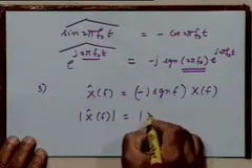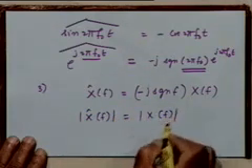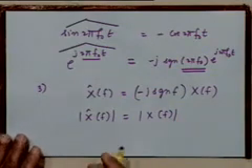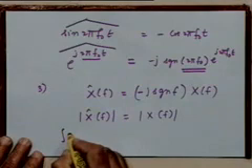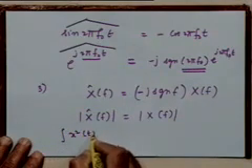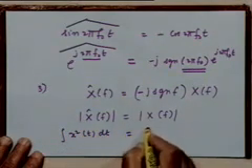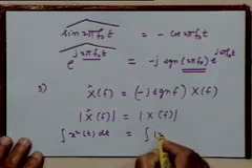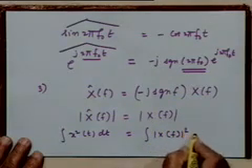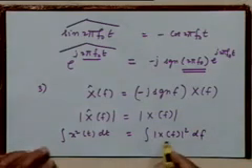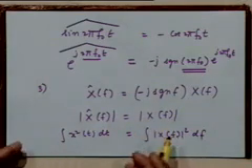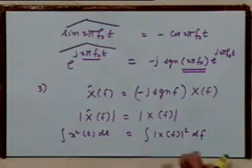This is equal to... and from Parseval's theorem we know that the energy can be written in terms of this, and this equality holds. So this is the same for both of them. That means the energy of x(t) and x hat(t) are the same.